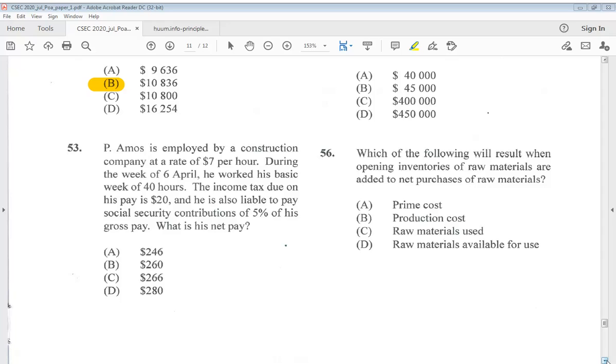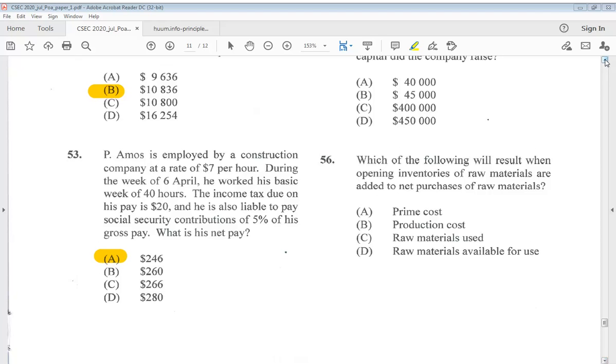So the total deductions would be $20 plus $14, that's $34. And we subtract that $34 from his gross salary of $280. So 34 from 280, we are left with $246. A.